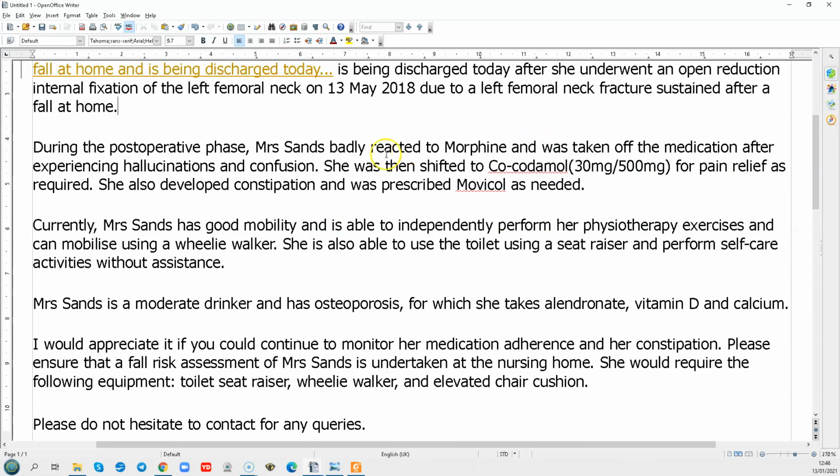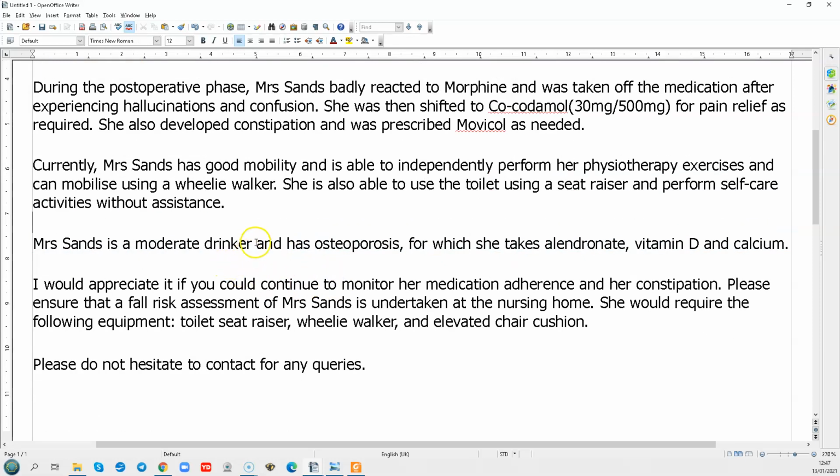So we don't really need that. I'm the manager of a nursing home. Don't need that. I might need to know this. Okay. Good mobility, perform a physio, mobilize, toilet seat, ready for self-care. Okay, I do need that. Well, she won't be drinking while she's in my care home, so I don't really need that. Osteo, monitor medication, follow assessment, nursing home, crowdfunding equipment.